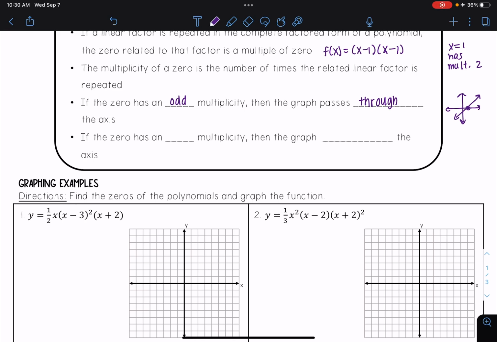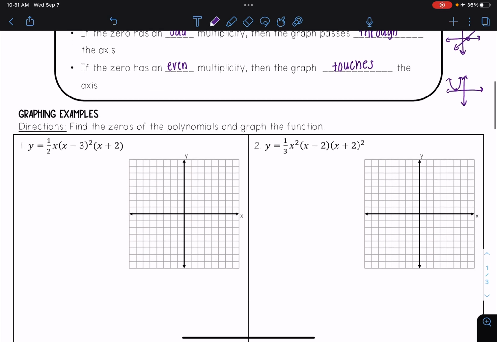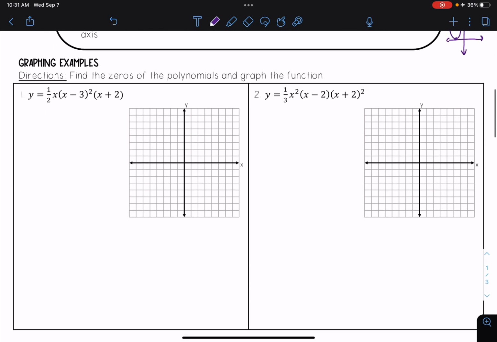On the other hand, if the zero has an even multiplicity, then the graph touches the axis. So an example of that is when we would have our parabolas, and I see it here. It touches, but it doesn't pass through. So we're going to use that information to help us graph these polynomials.